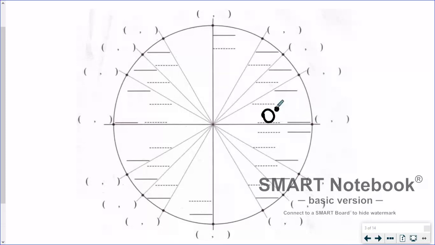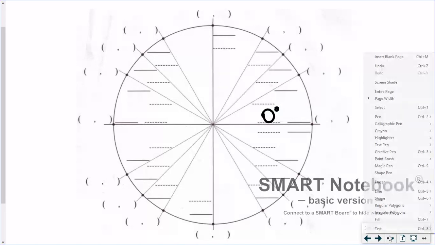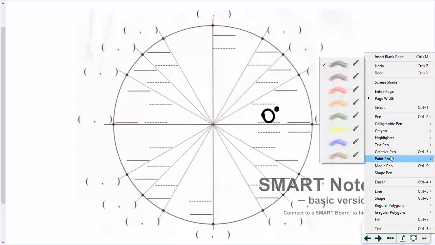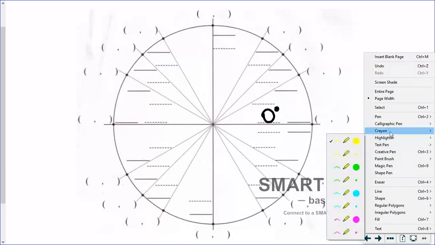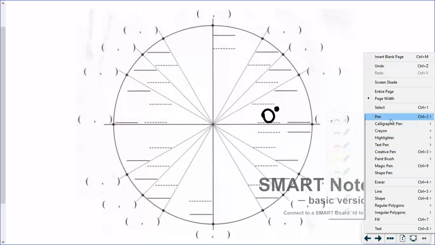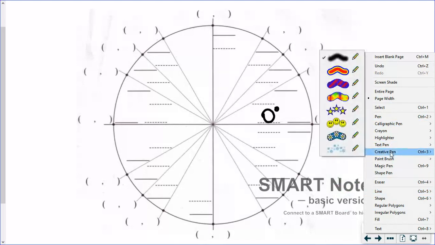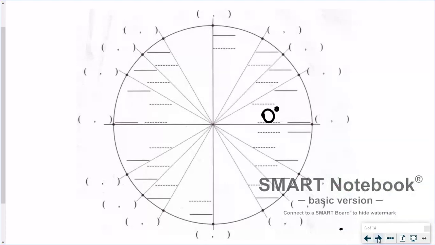All right, now the trick for this. The kind of trick for the degrees, it's actually really easy.